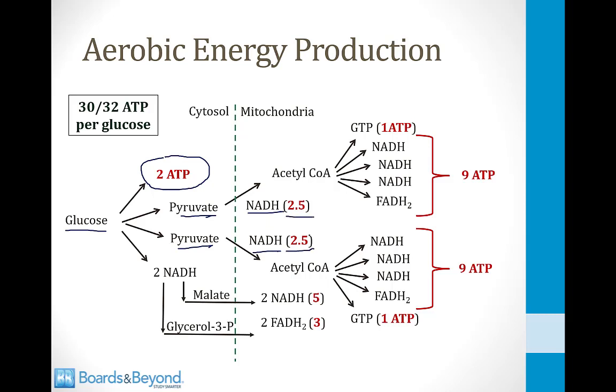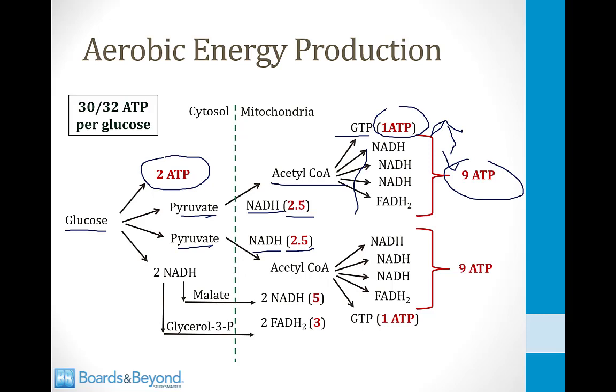I'm using the newer PO ratios here of 2.5 ATPs per NADH and 1.5 per FADH2. Each molecule of acetyl-CoA can then generate 9 ATP from NADHs and FADH2s plus 1 GTP, which can become an ATP. So if you total this up, you get a total of 10 from each molecule of acetyl-CoA, meaning 20 in total.